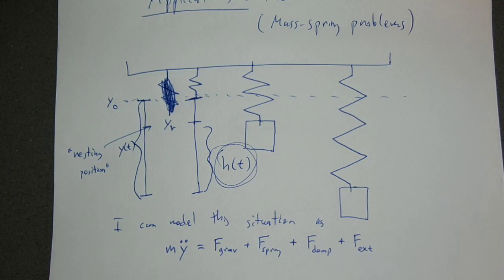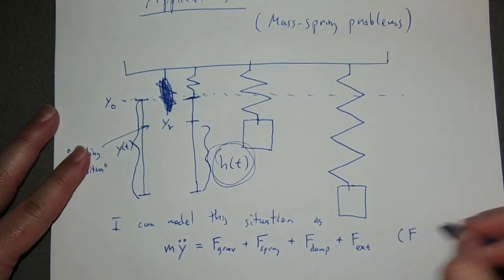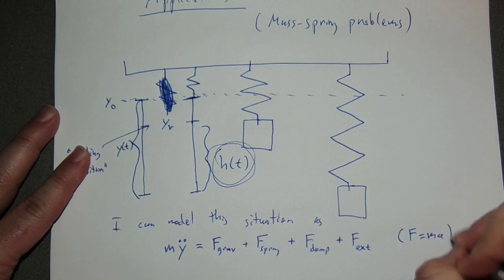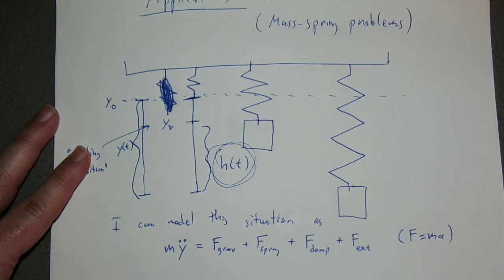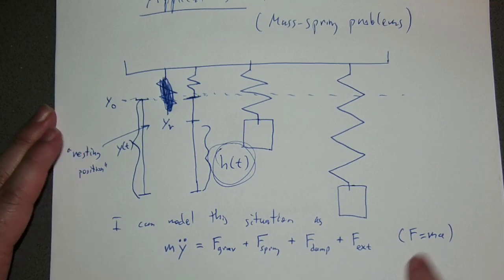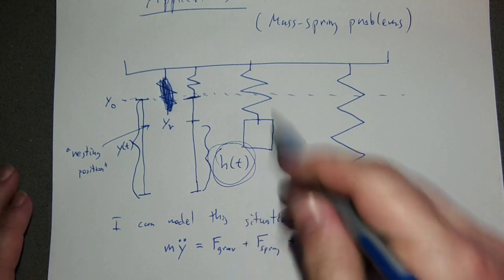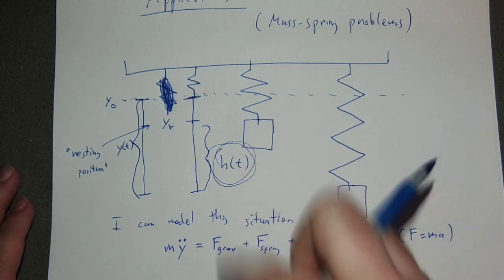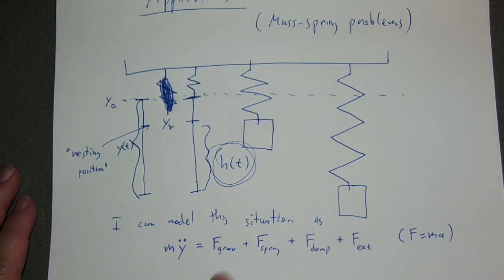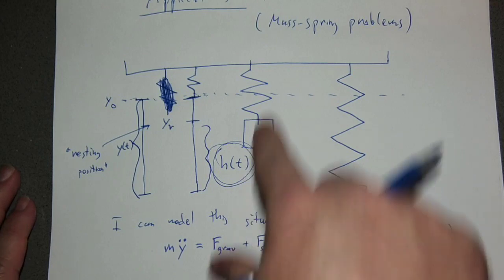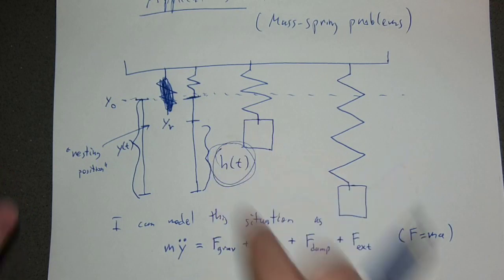Okay, so this is how I can model this, and it's amazing how you can model it in this way. This is just F equals ma, right? That's all this is. So this is just forces, mass times acceleration. So this is the sum of all of the possible forces that could be acting on this. So I have gravitational force. Obviously, that's in play if this thing is dangled from the ceiling or something. Spring force is the internal force of the spring, right?